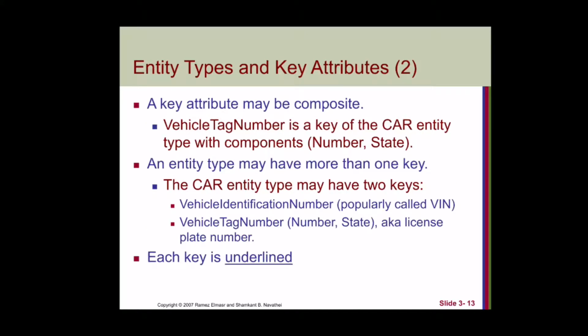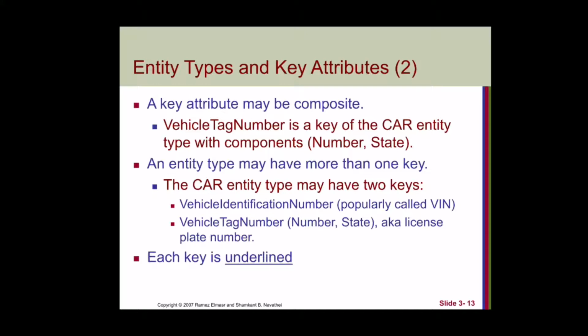A key attribute may again be composite. Sometimes we club together two attributes and call it a key attribute, and a key attribute is underlined. An entity type may also sometimes have more than one key. If you consider a vehicle, either a car or a scooter, we have two kinds of things which differentiate one vehicle from another.